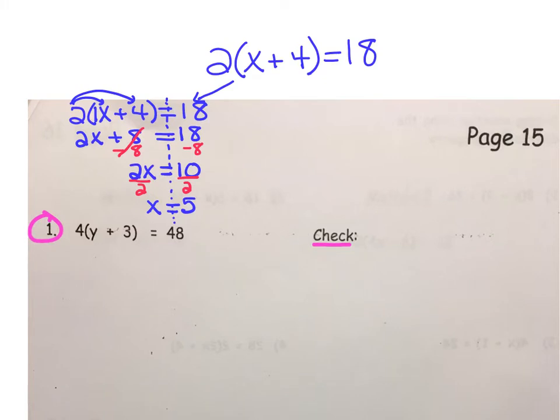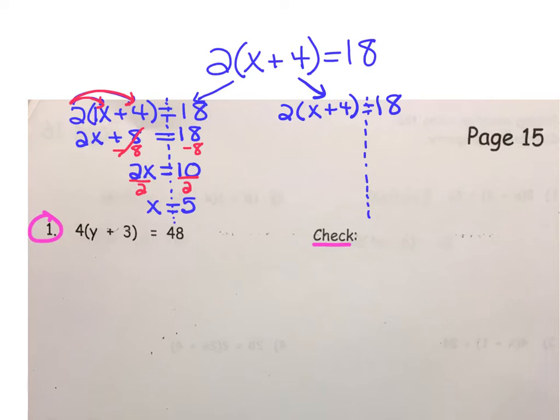So the first technique that we could use for solving a problem with the distributive property is to actually distribute the value in front of the parentheses. But let's take a look at a second technique. On the right side of your paper, write the equation again and drop a dotted line.